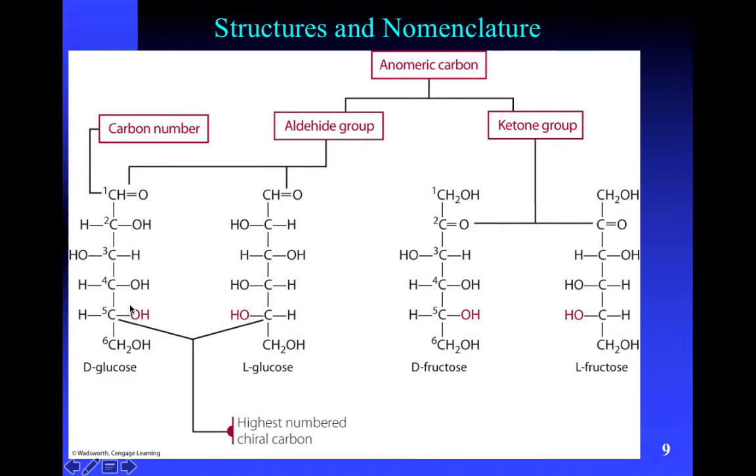The hydroxyl group in this structure is to the right. If the hydroxyl group is to the right, it's the D form. If it's to the left, it's the L form. That's as much as we need to know at this point.